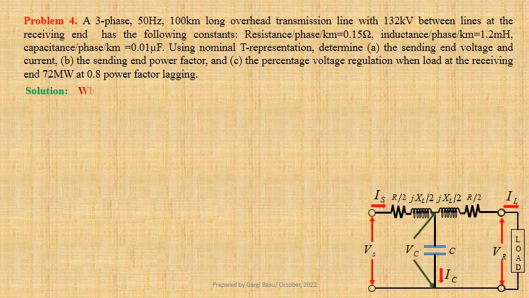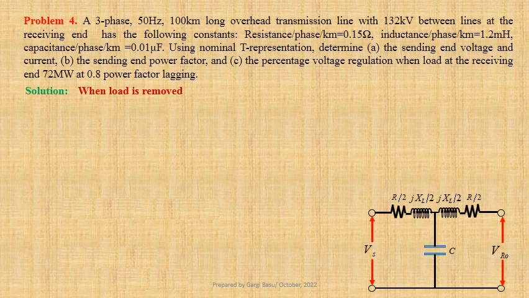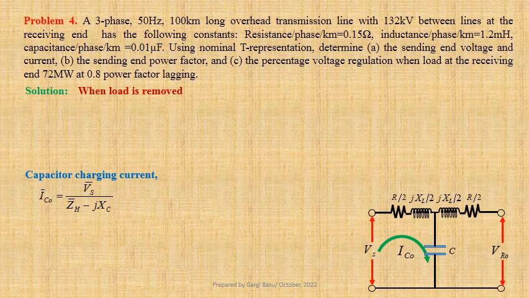Let us remove the load from the receiving end and calculate capacitor charging current. ICO equals to Vs divided by Zh minus J times Xc. We have computed sending end voltage per phase. Vs equals to 89,740.68 volt at an angle 5.435 degree.